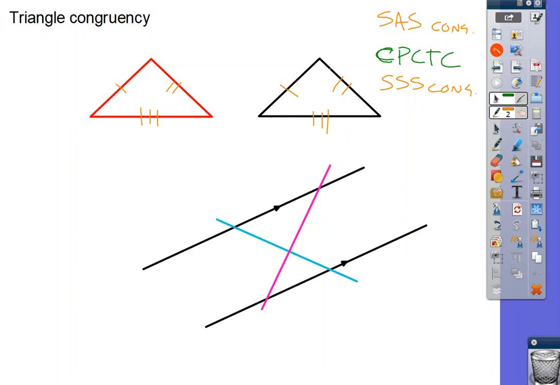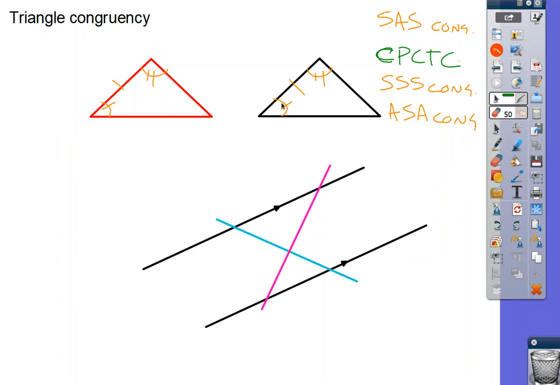And then from there you can show that all the angles are equal using CPCTC. Next up, if you have an angle, an adjacent side, and then the adjacent angle, you have angle, side, angle congruency.